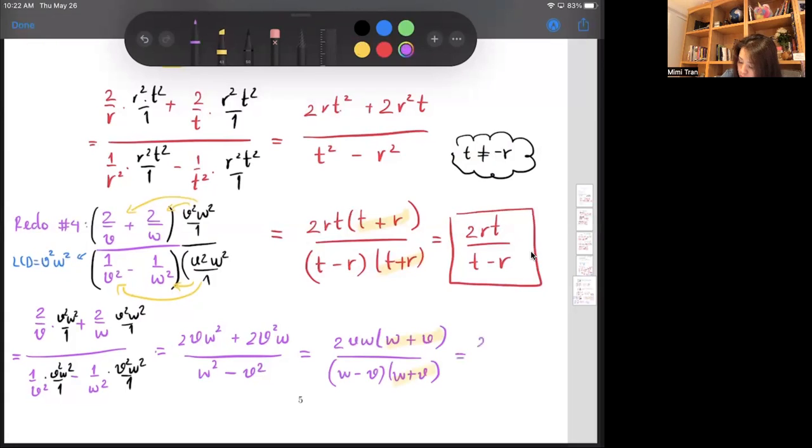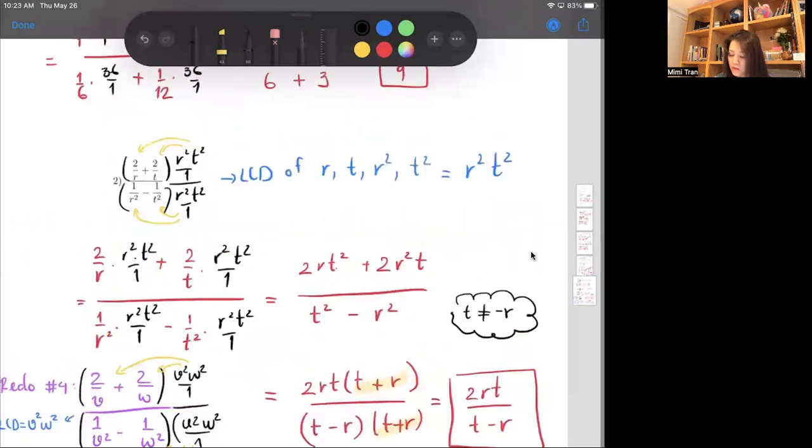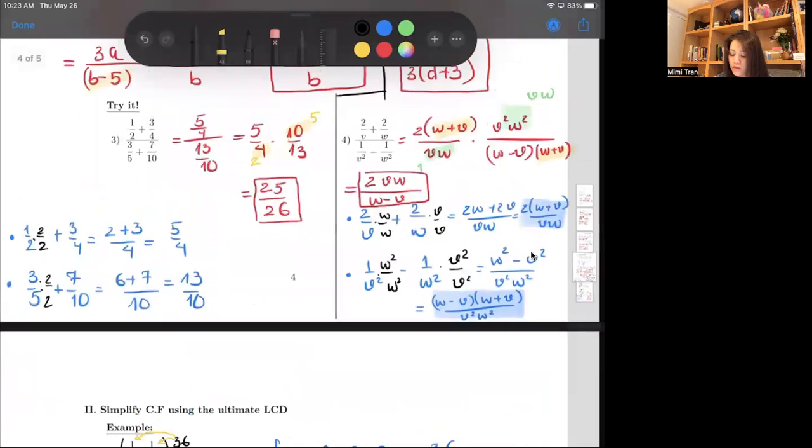So equal to 2VW over W minus V. Of course, when you simplify, good habit, W cannot be equal to negative V. Otherwise, you have 0 over 0. So the answer is 2VW over W minus V. Same thing here, 2VW over W minus V.